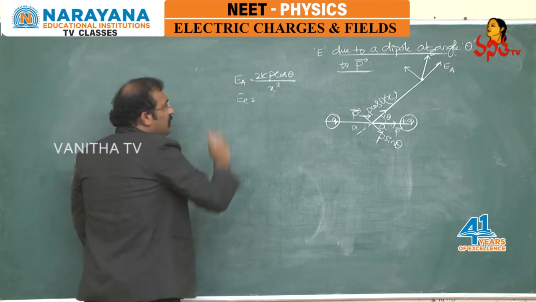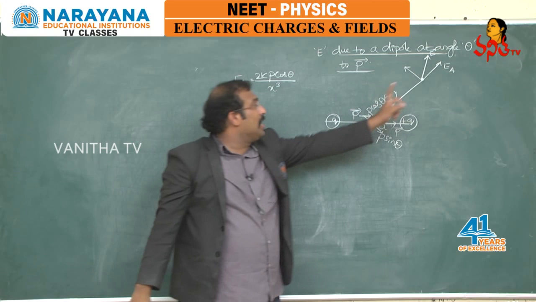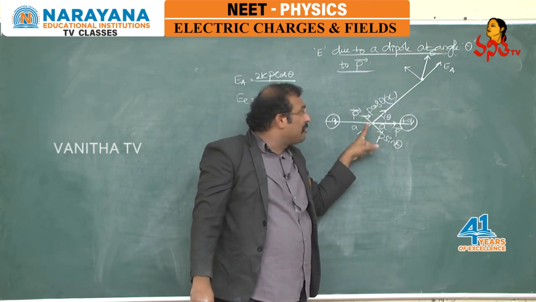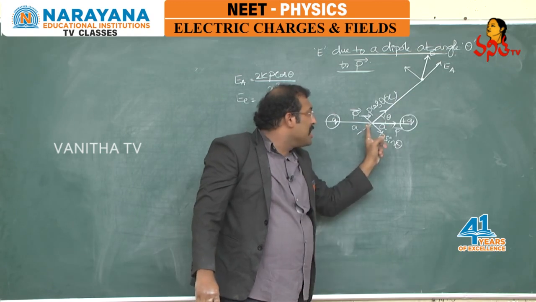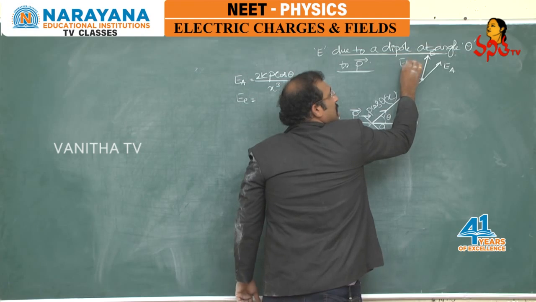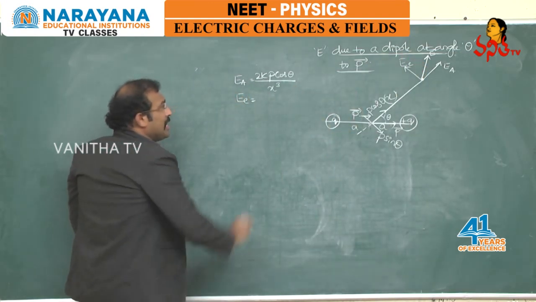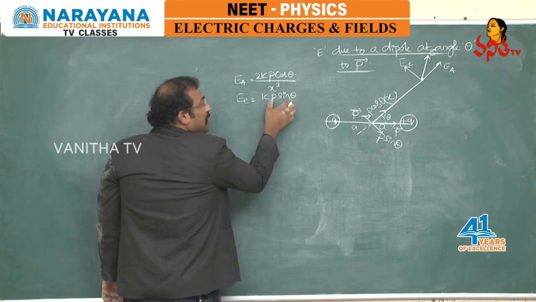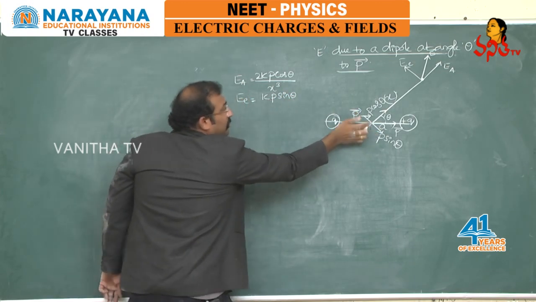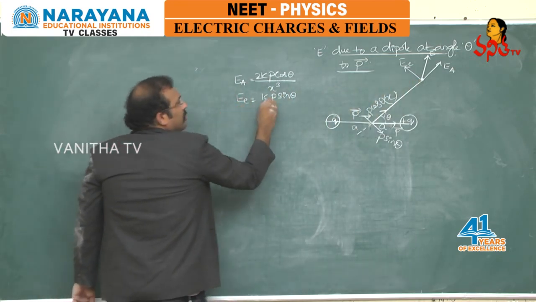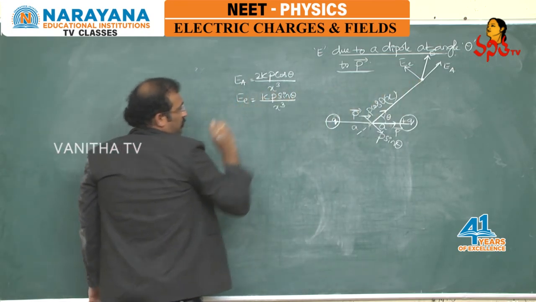For the electric field on the equatorial line, we know that p sin theta is the dipole moment for which this point is on the equatorial line. So I will write this as EE, which is kp sin theta by x cubed.